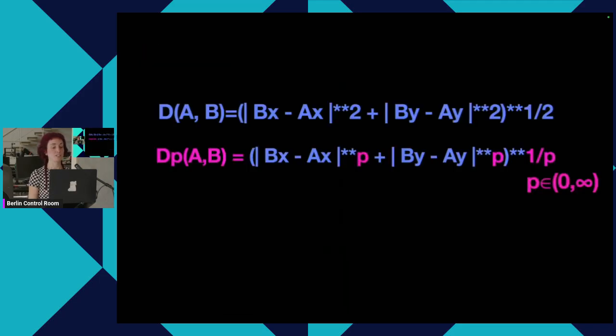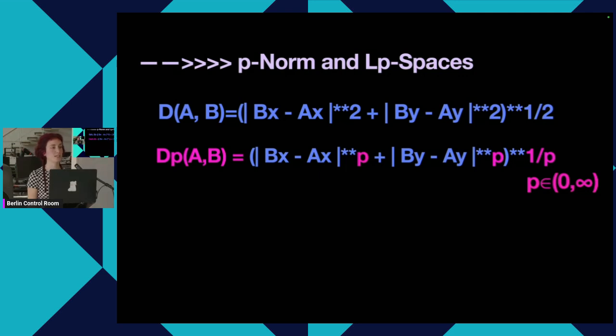And if we generalize this notion of distance and we swap the 2 for p, then we have an infinite number of distances, with p in a positive range. This introduces what a p-norm is, and L^p spaces, which are basically all these spaces, where here I put the unit circles.